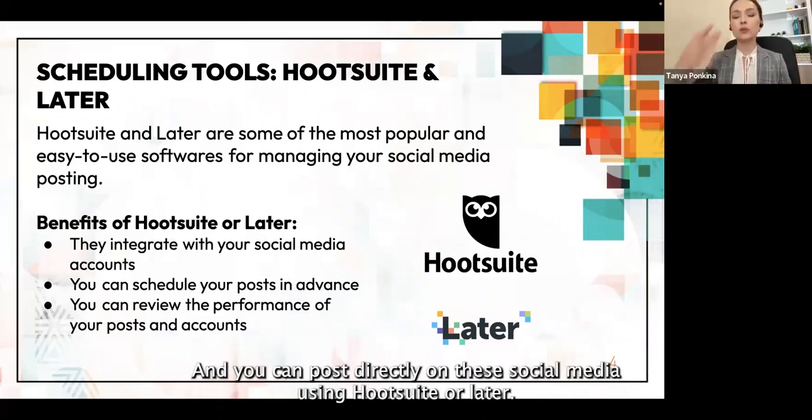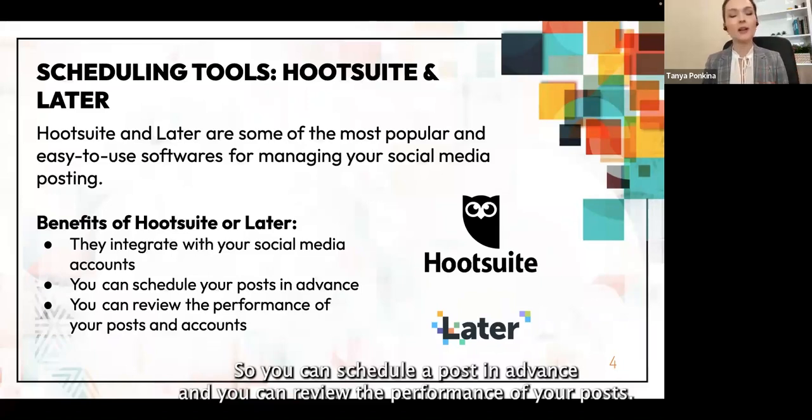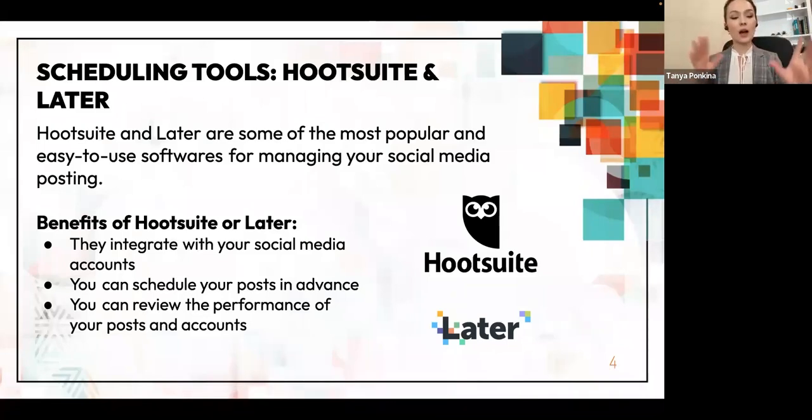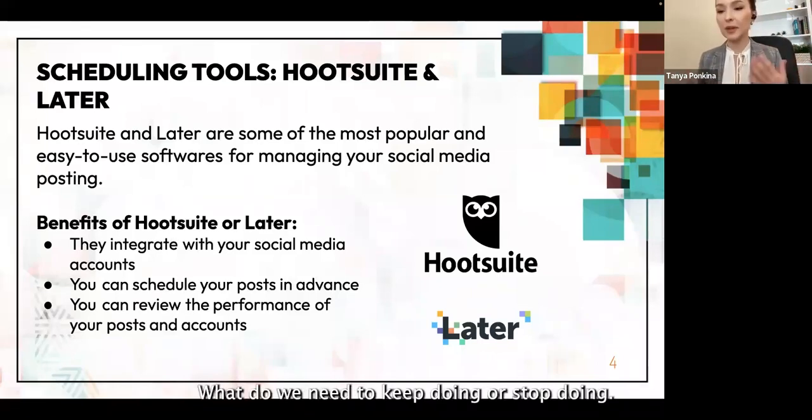And you can post directly on these social media using Hootsuite or Later. So you can schedule a post in advance, and you can review the performance of your posts. You can look back at a previous month and say, okay, so our reach was down, but our engagement went up. So what are the conclusions here? What do we need to keep doing or stop doing? Later is great.